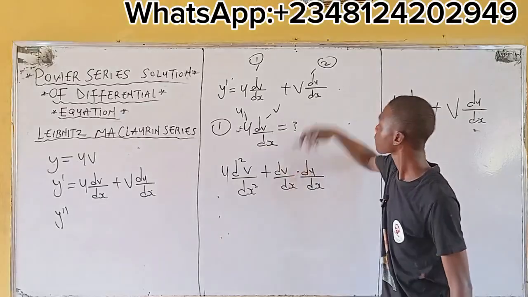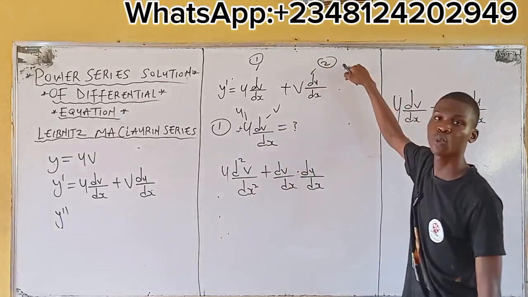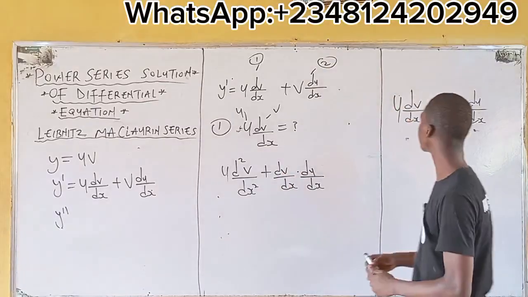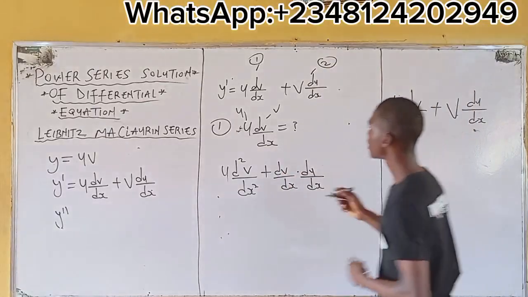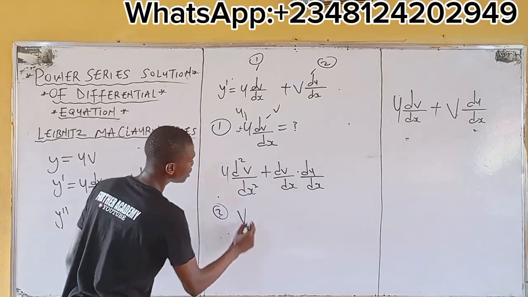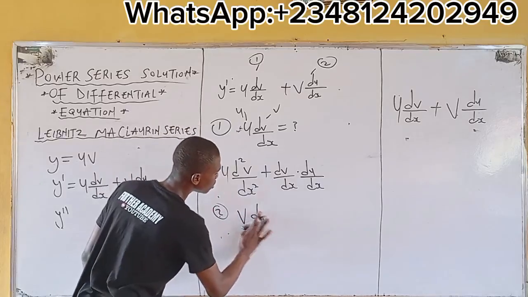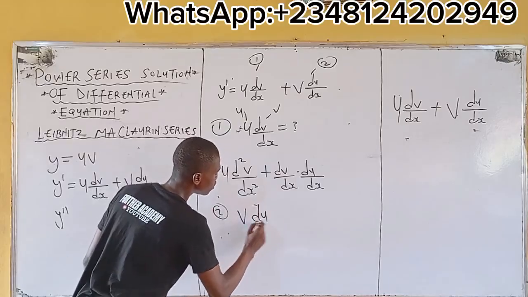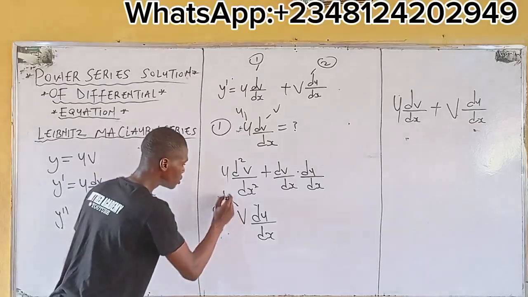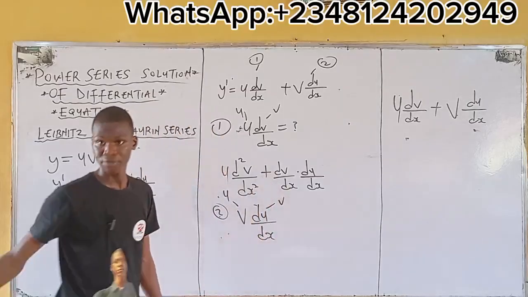Same idea. Let's differentiate 2. We are differentiating 2, meaning same idea, right? Now in this case, say we have 2, and we have v du over dx. This is my u, this is my v.